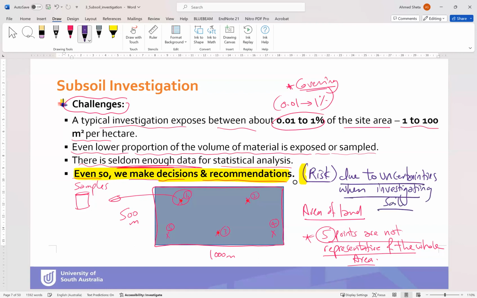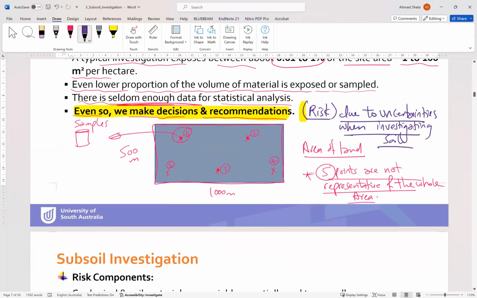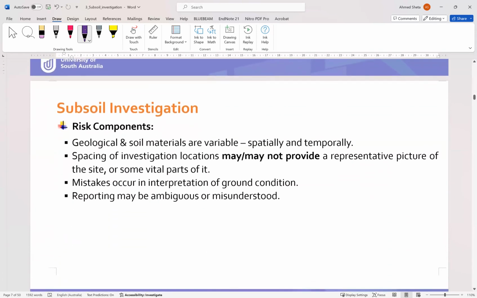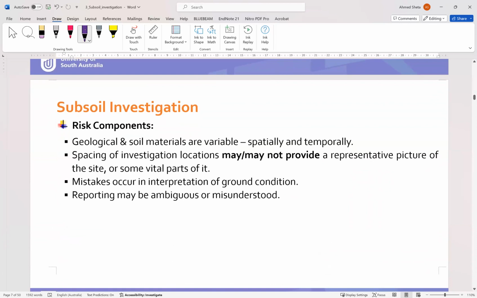All the time you will not be able to investigate all the soil or all the site you are dealing with. So you will have uncertainties, and you will have to take risk and make the decision. This leads us to the next dot point we are dealing with, which is the risk components.